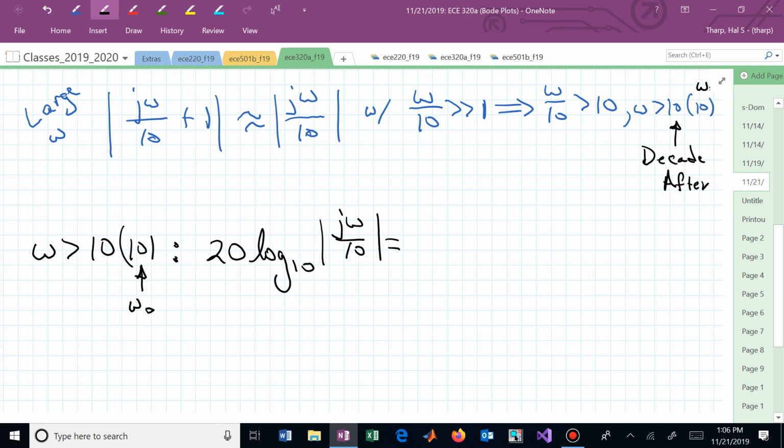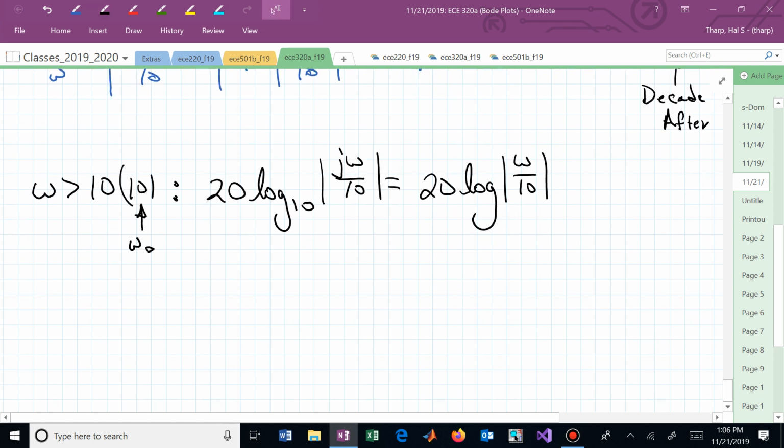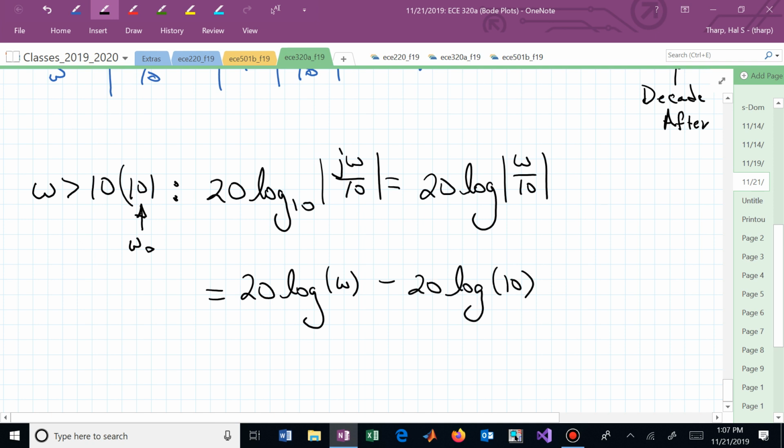We can get rid of that j in the j omega over 10. We can now say this is in fact 20 log of omega over 10. And if we're just dealing with positive omegas, we really don't need to worry about the absolute value sign anymore. We can say this is now 20 log of omega minus 20 log of 10.